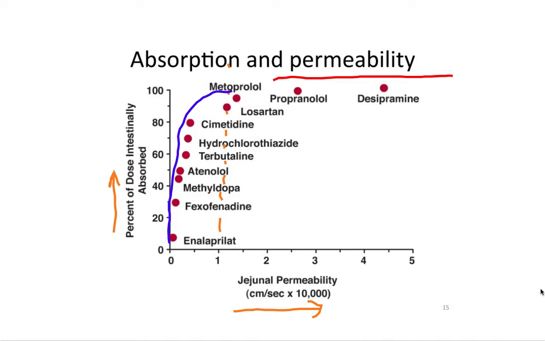This compares the jejunal permeability of various compounds listed in the graph with the percent of dose that was absorbed when given orally.